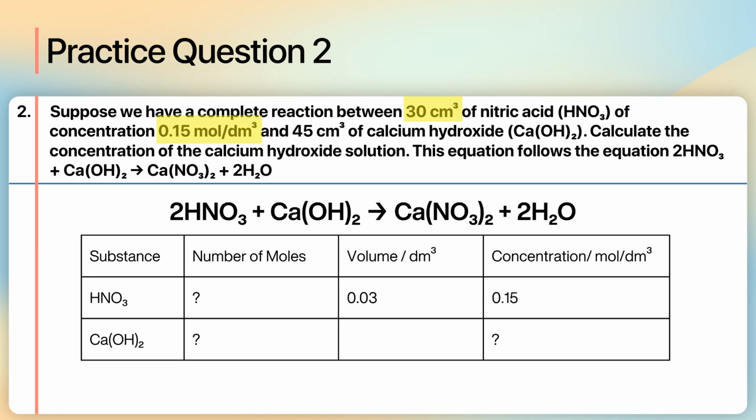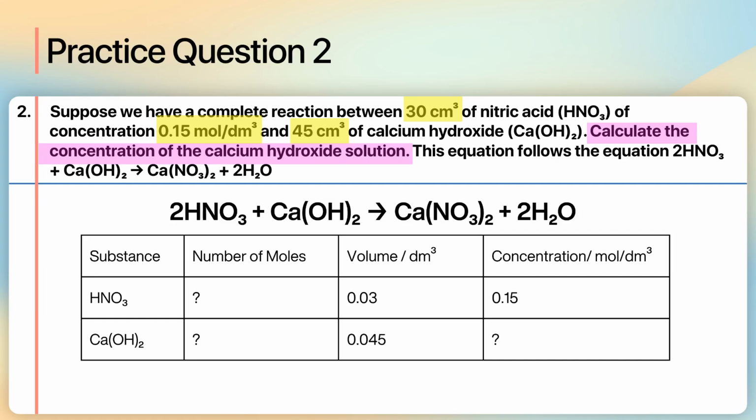The question also states that the volume of Ca(OH)2 is 45 cm cubed. We can convert this to dm cubed by dividing 45 by 1000, which gives 0.045 dm cubed. Again, add this to the table. And we need to find the concentration of Ca(OH)2. Pause the lesson here and try this one out.